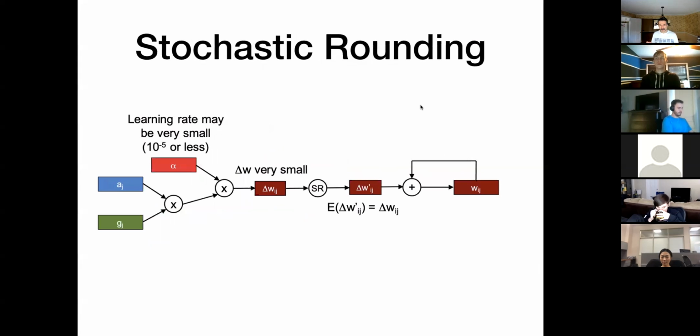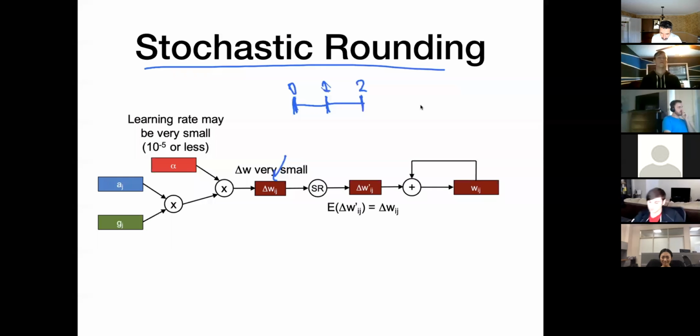And one way of doing this is called stochastic rounding. This is also very interesting. Stochastic rounding is the case when you have something between 2 values, right? Each of these representing 1 value. As a result of calculation, let's imagine this is 0, this is 1, 2, right?